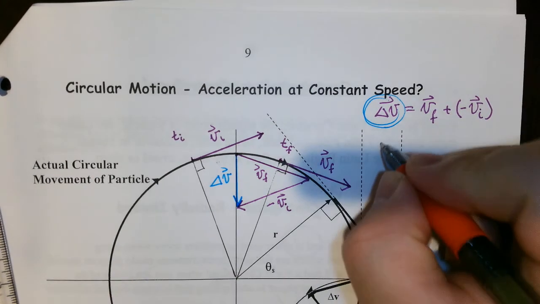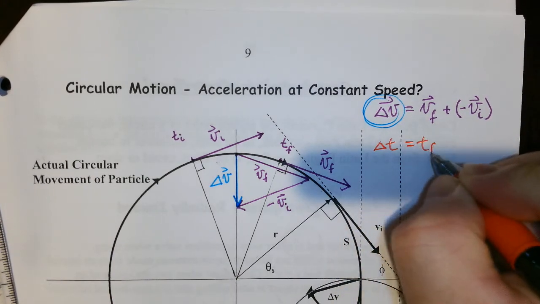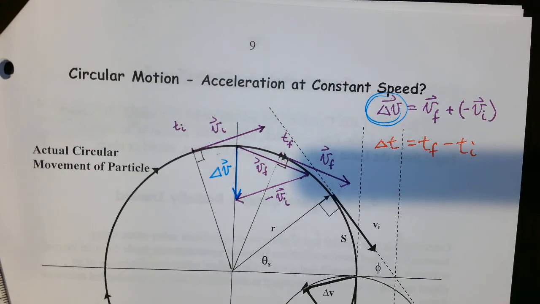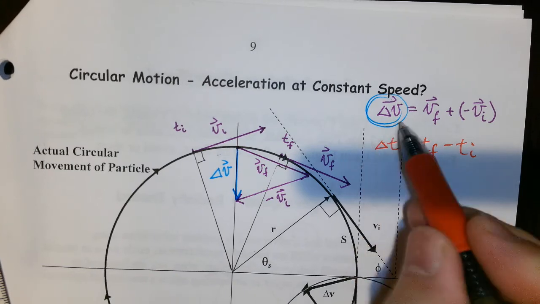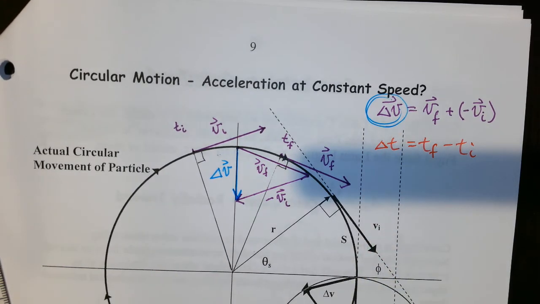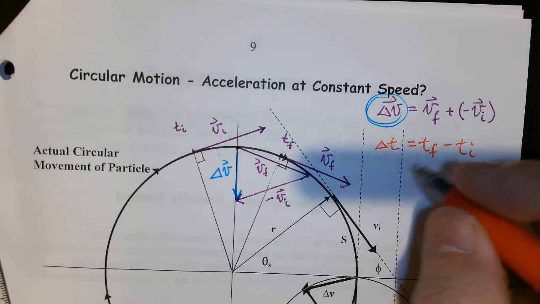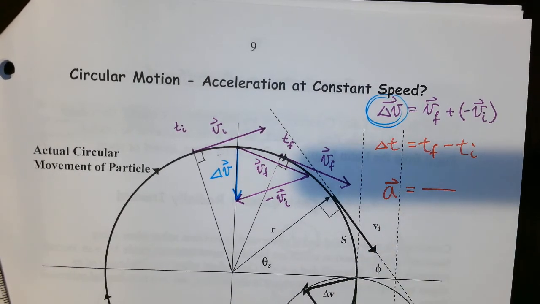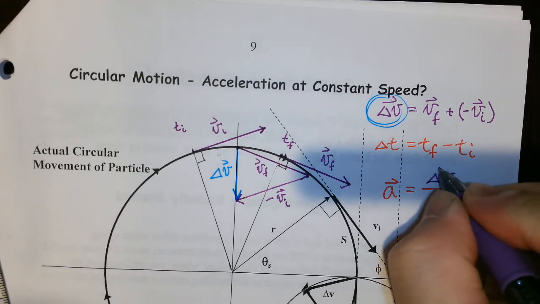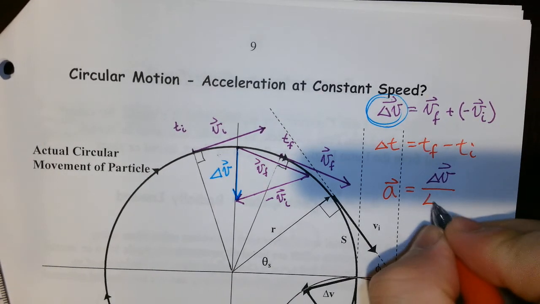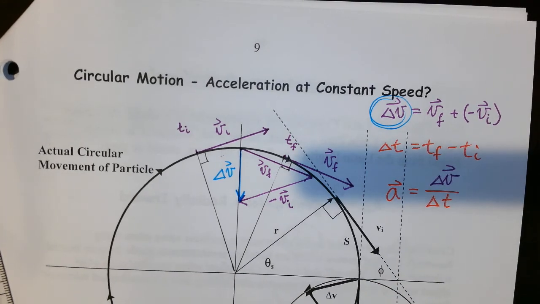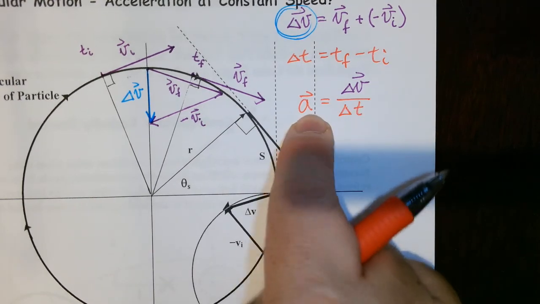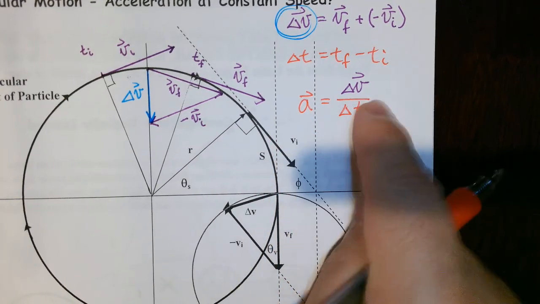So, delta T obviously is T final minus T initial. Right? If I divide this delta V by delta T, my acceleration vector is really nothing more than delta V over delta T. So this delta V and acceleration direction have to be the same.